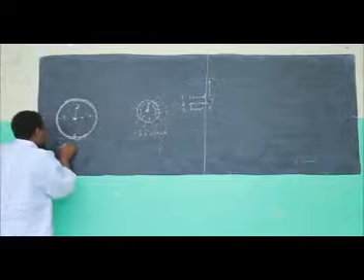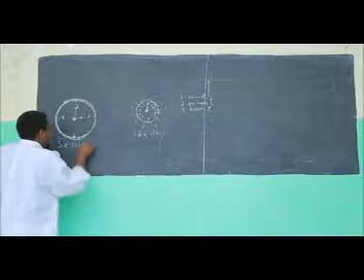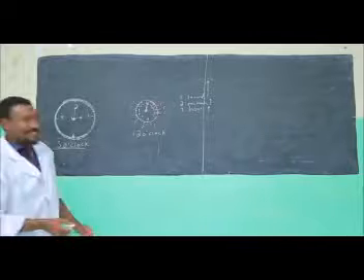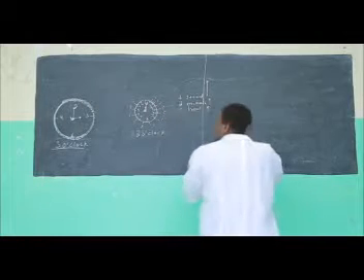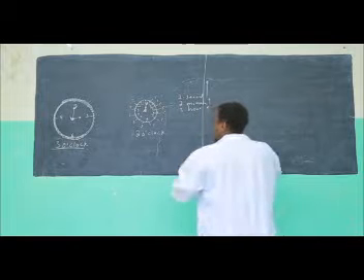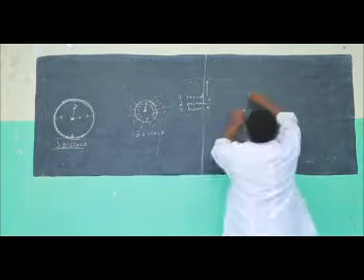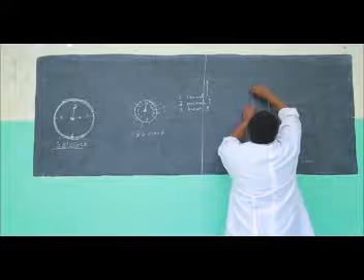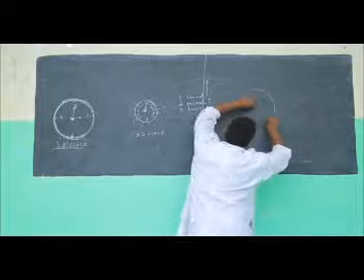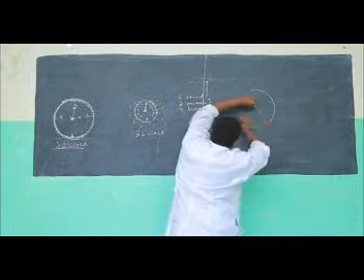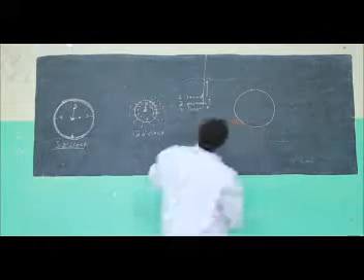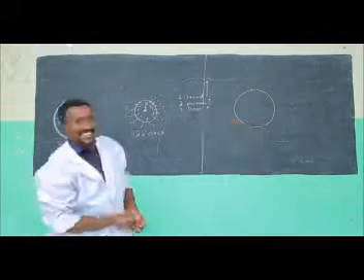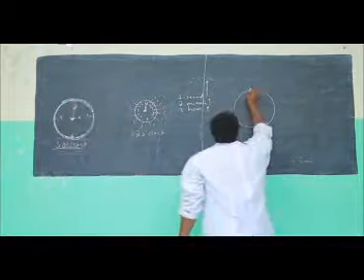So this is 3 o'clock. Let me draw another diagram here. We can have another diagram just like this. No problem. This kind of diagram. Yes?